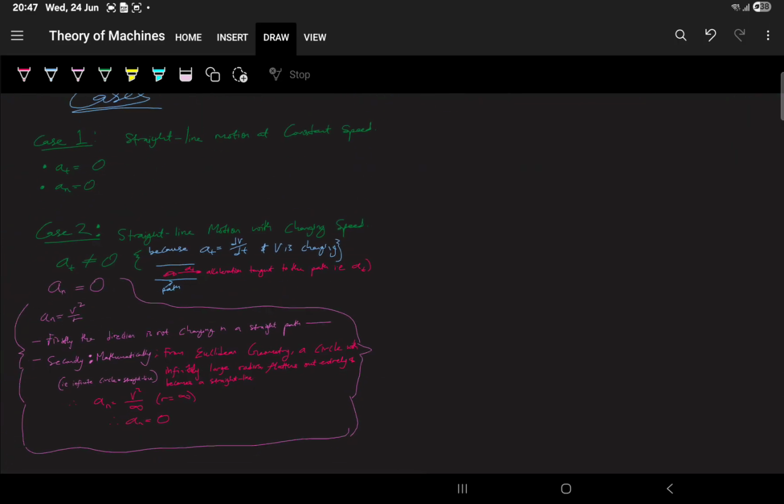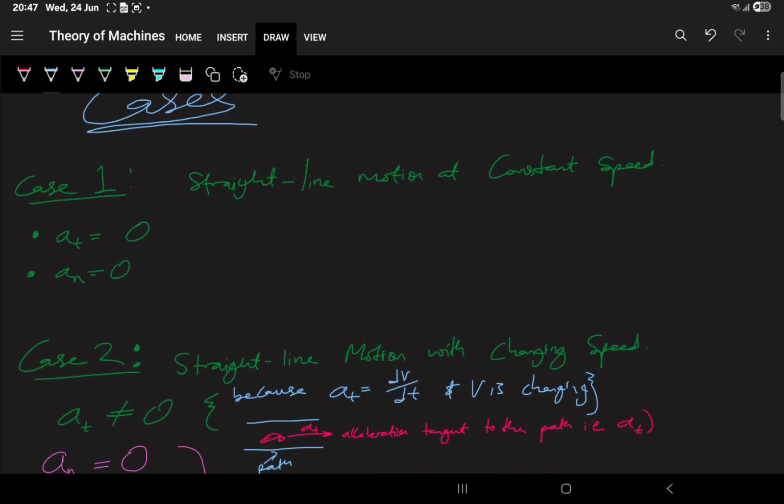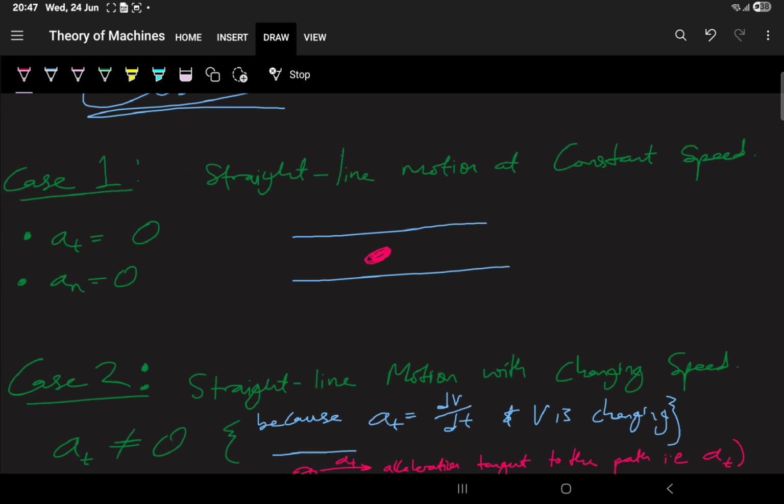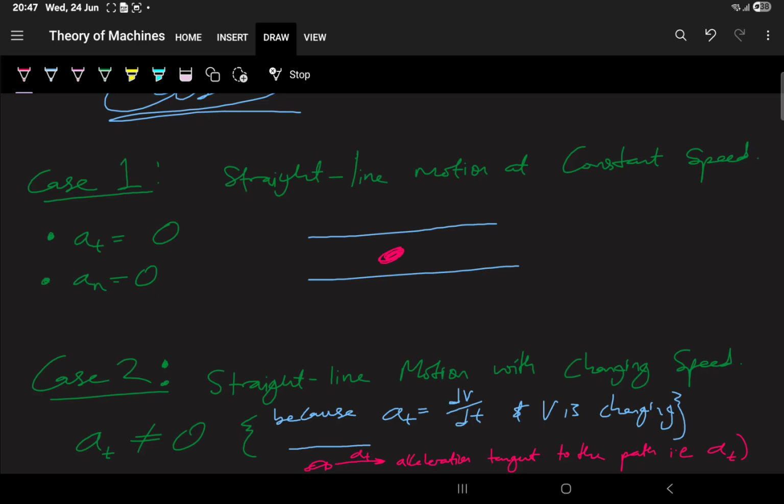Now let's take some cases. Case 1, straight line motion at constant speed. This is our straight path. This is, let's say, our car. Now at constant speed, take note of the key terms here. It's moving in a straight line, at a constant speed.